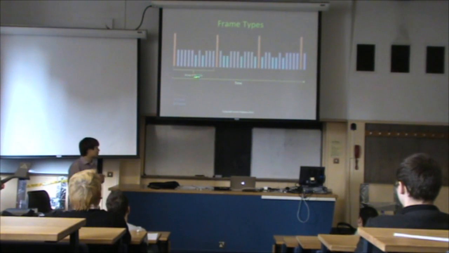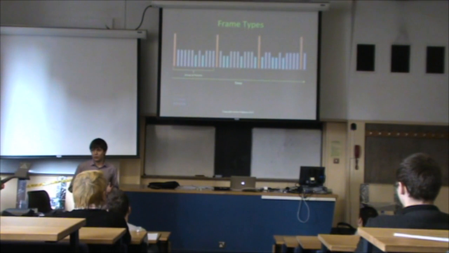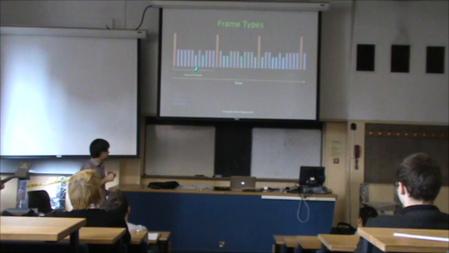So you get this group of pictures. It seems to usually be about 12 frames. It seems to be the accepted default, but to be honest, it can be anything that you want. So you encode an I-frame, and then you've got a group of P-frames, which are predicted from a frame or frames that go before it. And then you've got these B-frames, which can be predicted from frames either side of it.